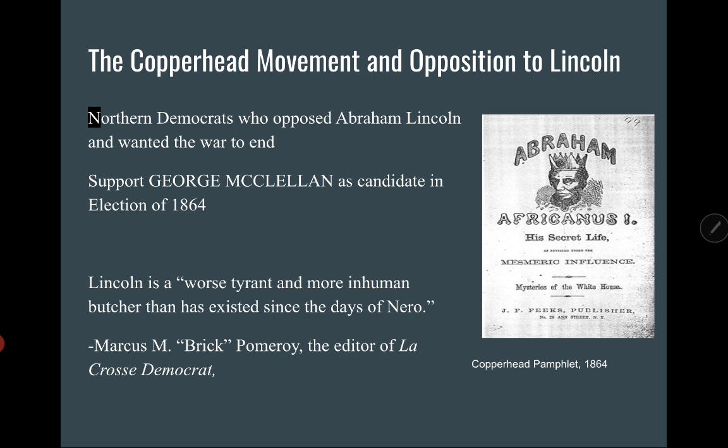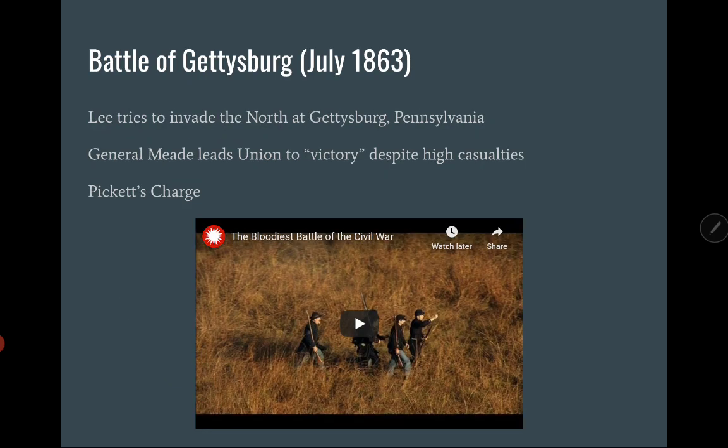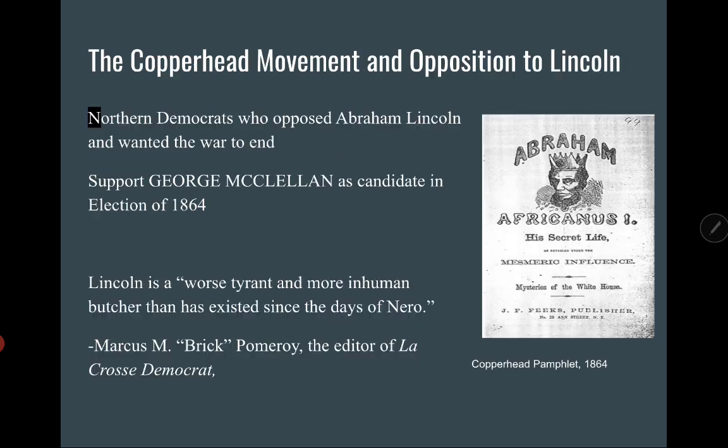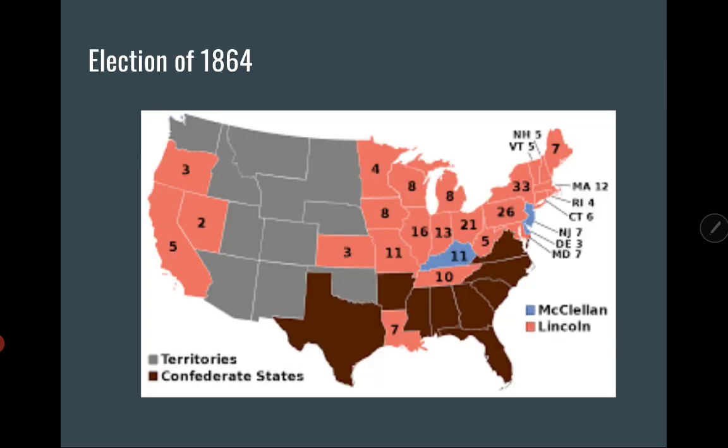McClellan is saying, let us have peace in this election of 1864. And in 1863, some people believe that Lee was trying to break the will of the North and throw support behind McClellan. But these Copperheads, essentially campaigning then, are seen as treasonous to the Union.